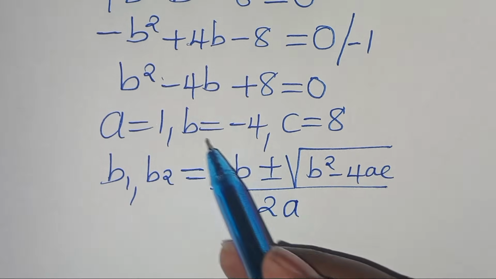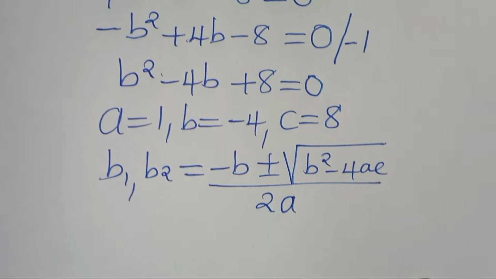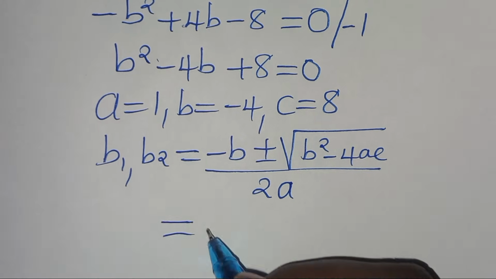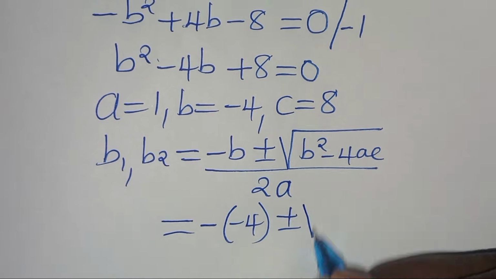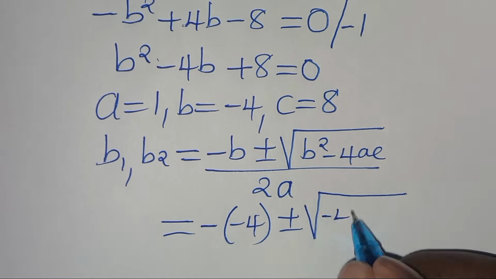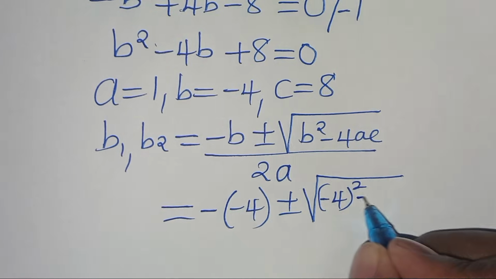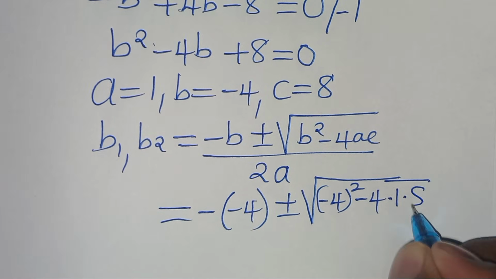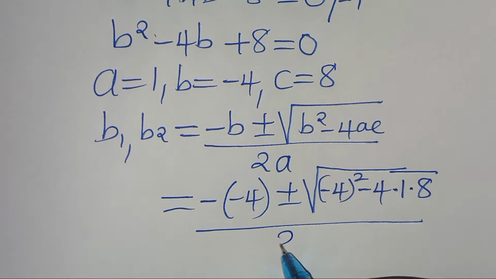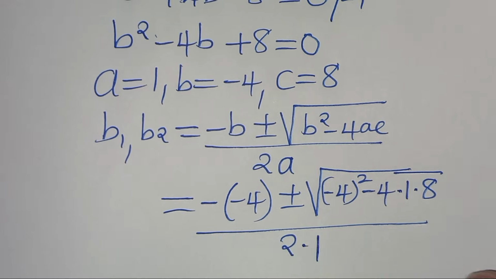Let's substitute a, b, and c into this formula so that we have minus minus 4 plus or minus the square root of minus 4 squared minus 4 times a, which is 1, times c, which is 8, everything here divided by 2 times 1.